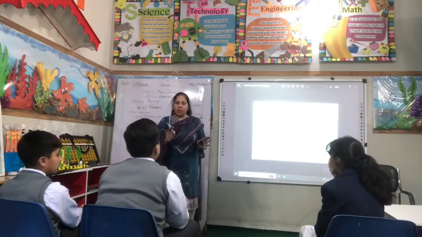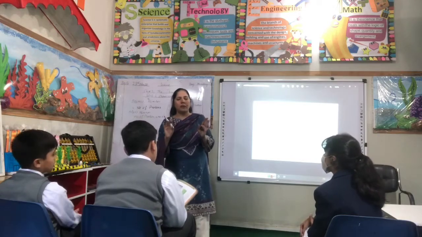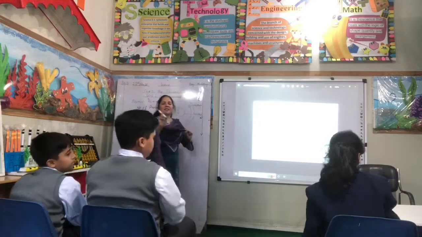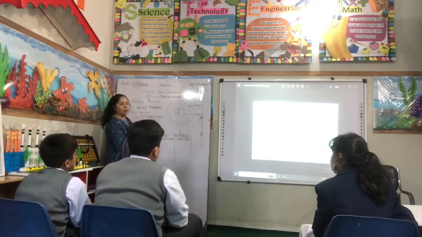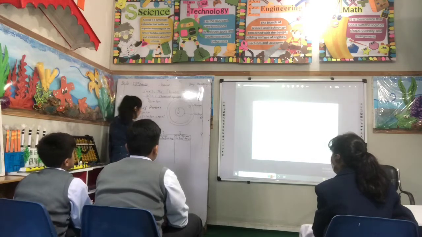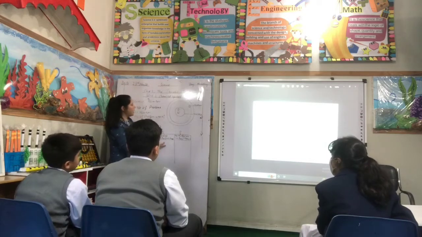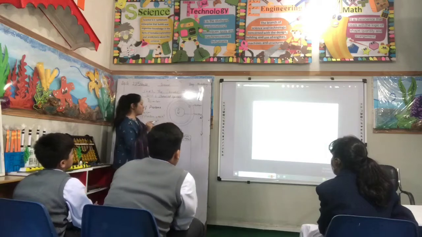Just open it and you can see in your book also what are the atomic number. ठीक है, आपको सिर्फ atomic number देखनी है. So let us start with atomic number 1. Which element has atomic number 1? Hydrogen. What is its atomic number? 1.